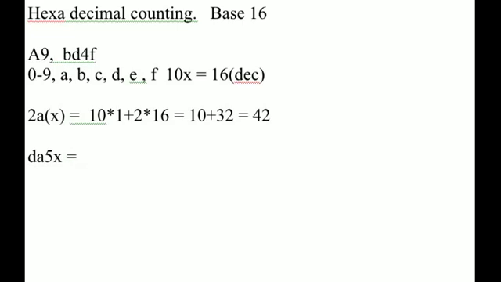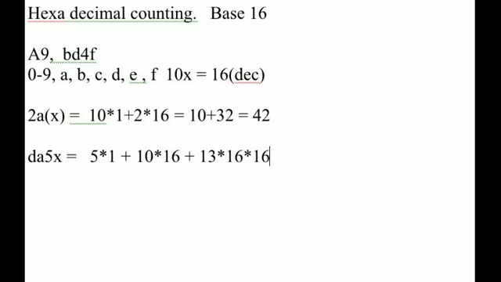The same way, we take the 5 is the singles, multiply it by 1, plus, next one is A, and A we know is like 10 in decimal, so we do 10 times 16, and the next one is D, and D was, if A was 10, B was 11, C was 12, D was 13. And now we have to multiply it by 16 times 16.